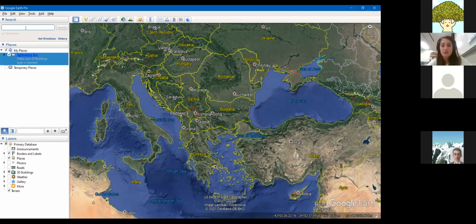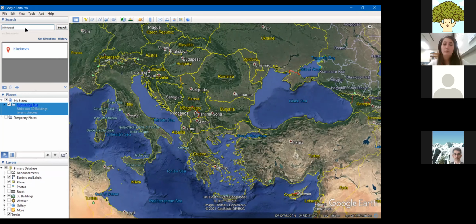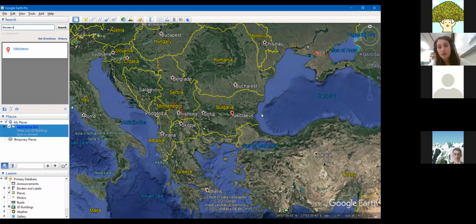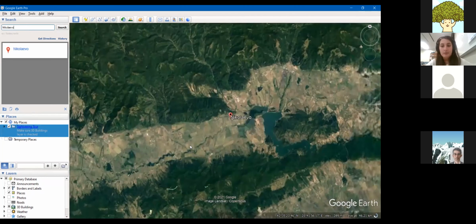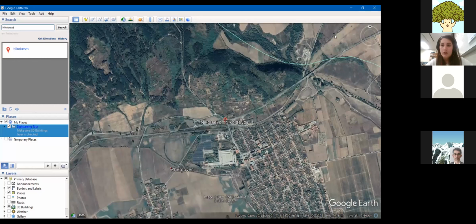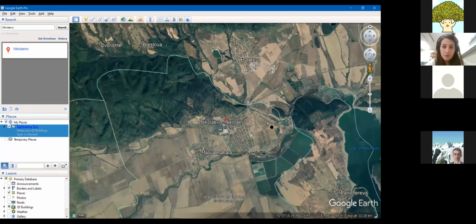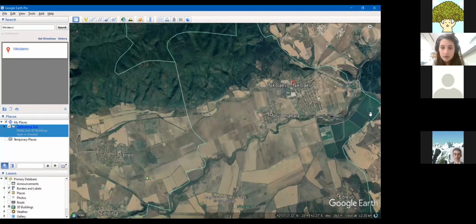We will go into the search tab and I will search for a village's name, which is Nikolaevo. It's an area that was affected by a flood in 2014. And I believe in 2017, again, they had a similar problem with the river and the dams along the river. So I would like to zoom out a little bit.